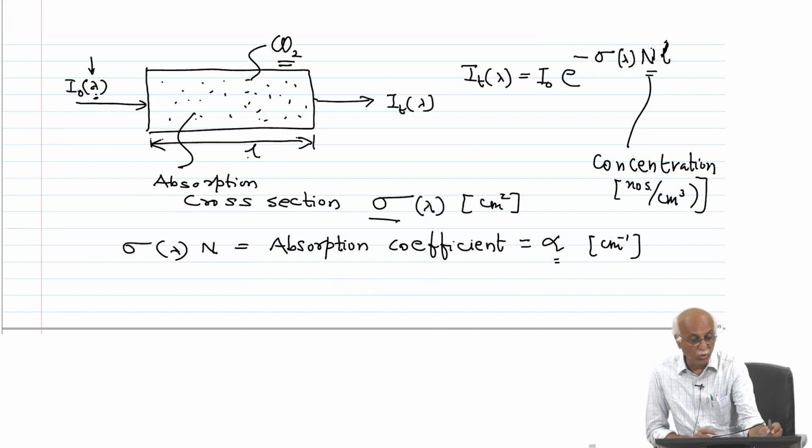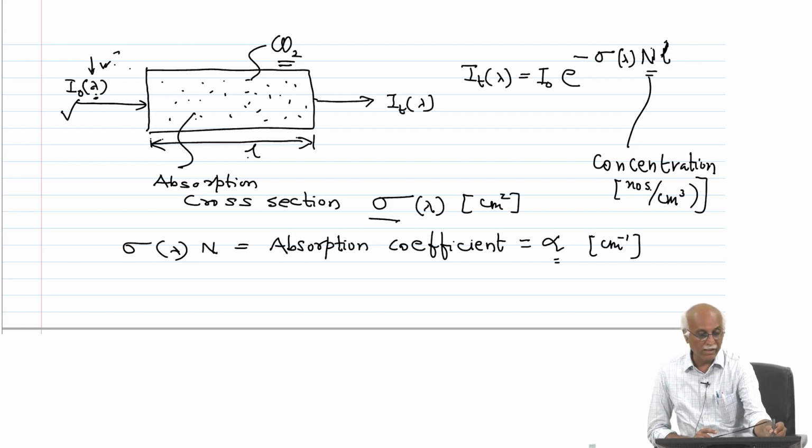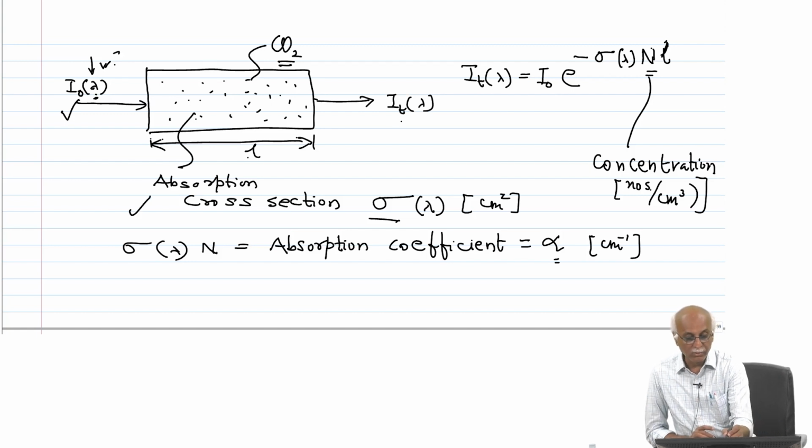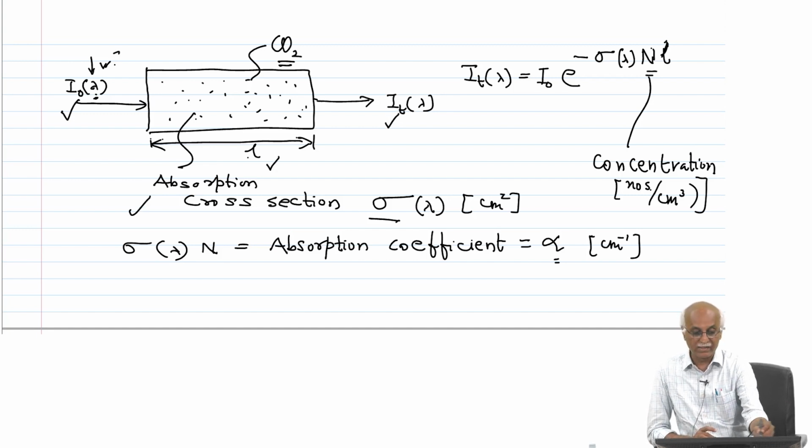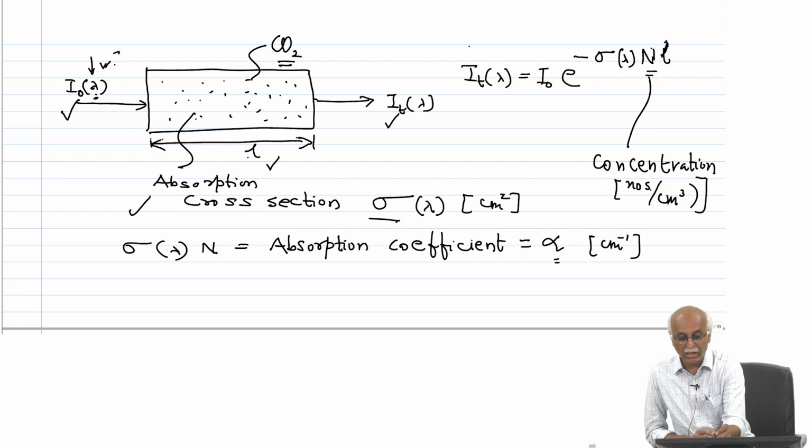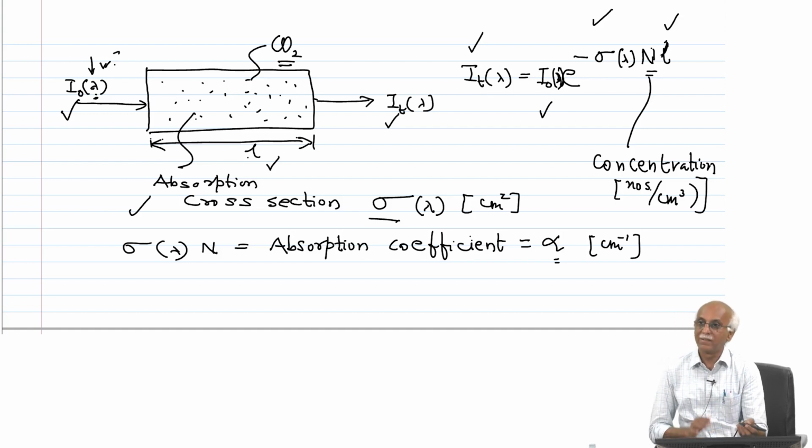So, if I know the input intensity I0 at the wavelength of the light which I am using, and from the database I know the sigma value, and if I can measure the transmitted intensity, and if I know the length L of the gas cell through which the light is transmitted, I know I0 lambda, I know sigma lambda, I know L, I can derive the value of n.